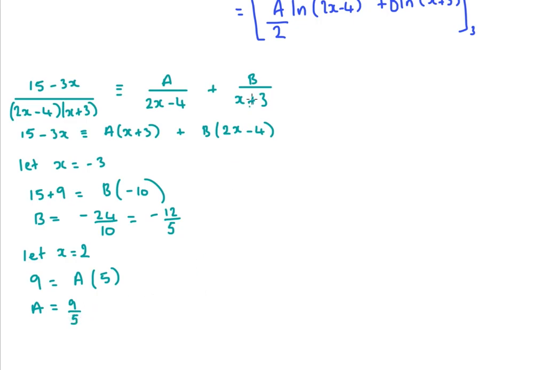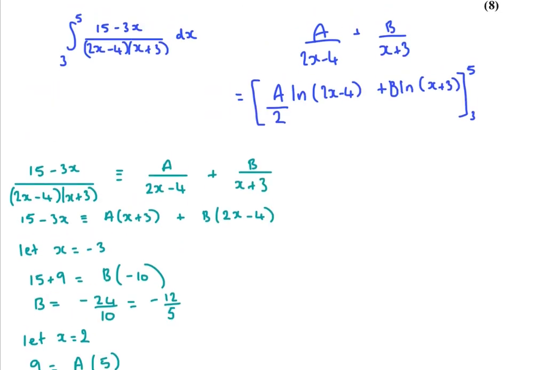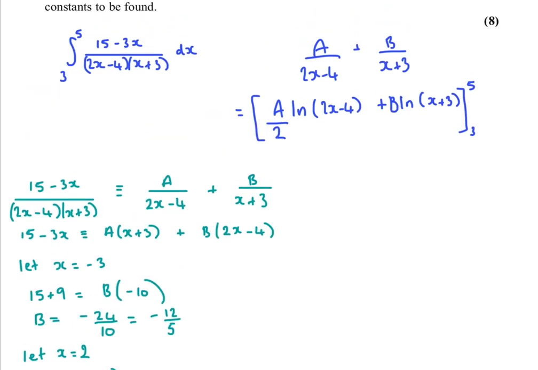So we've got our values of a and b now. So we can go back up here and swap a for 9 over 5 and b for negative 12 over 5.